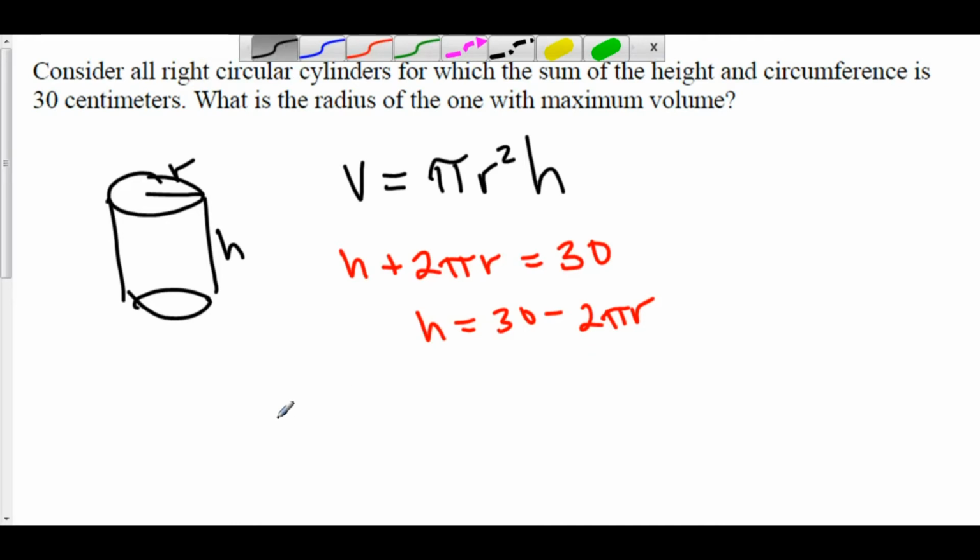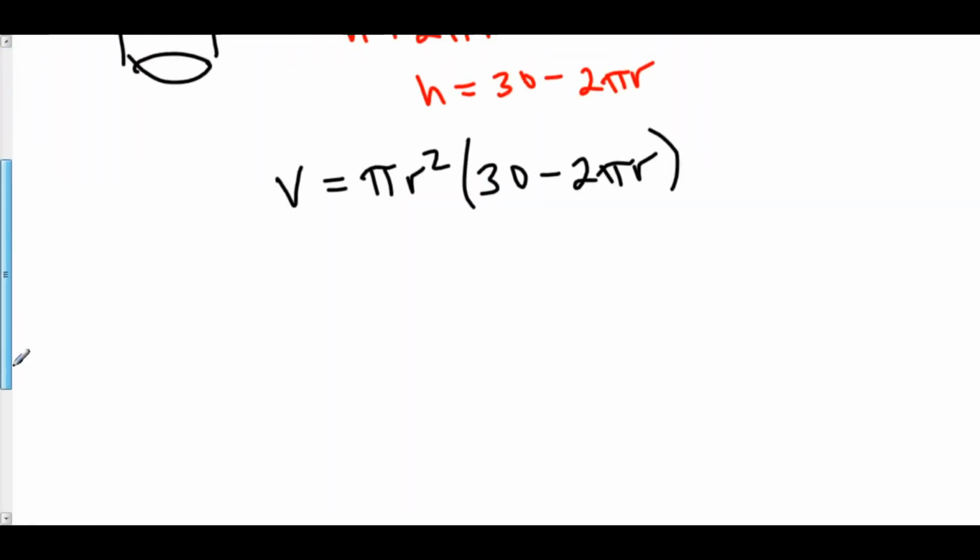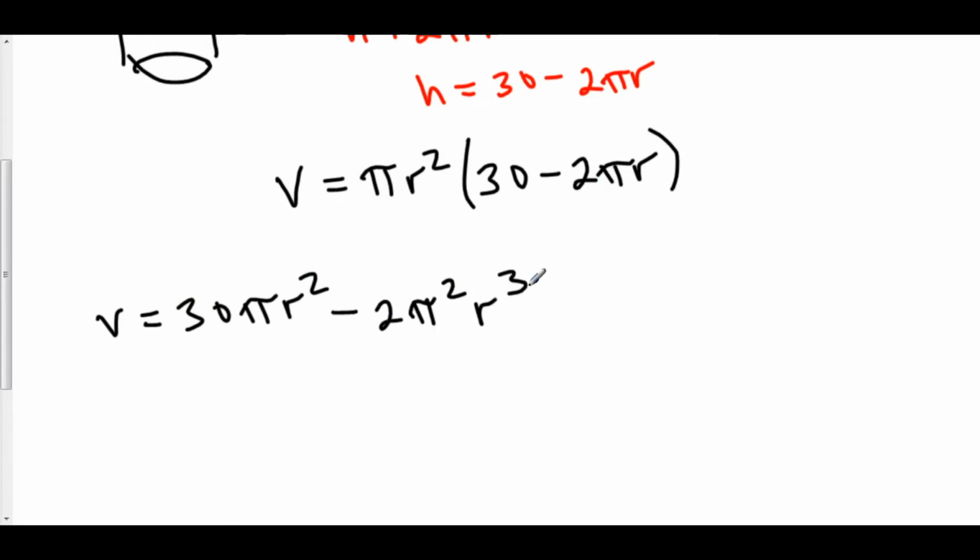So here we go. The volume is equal to pi r squared times h, and h is just 30 minus 2 pi r. Let's distribute. V is equal to 30 pi r squared minus 2 pi squared r cubed.